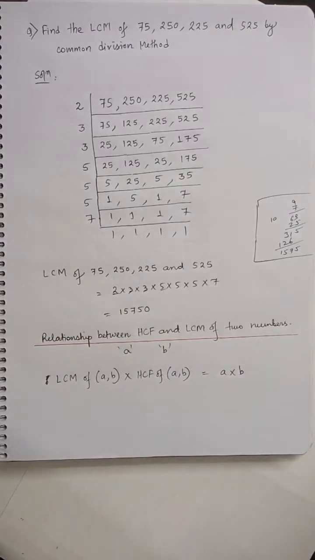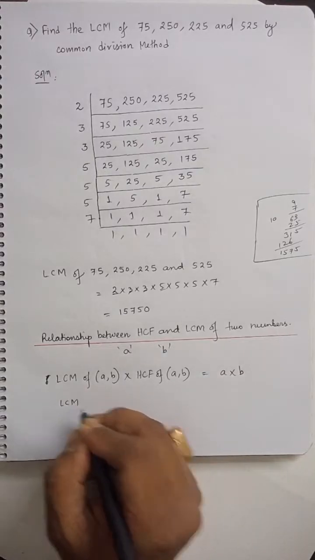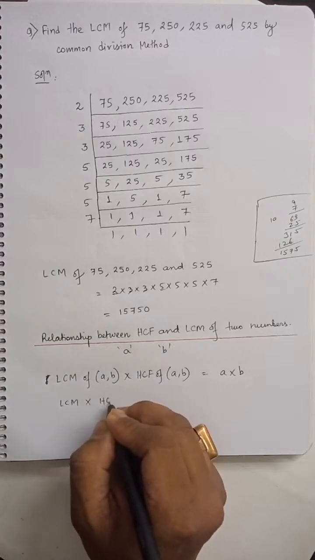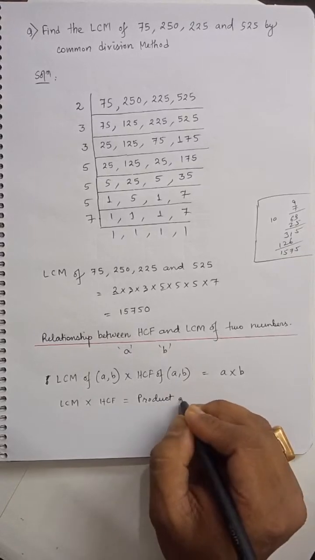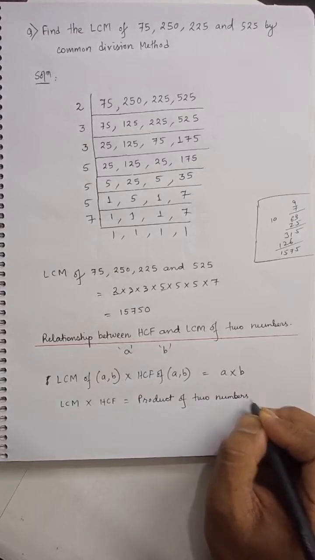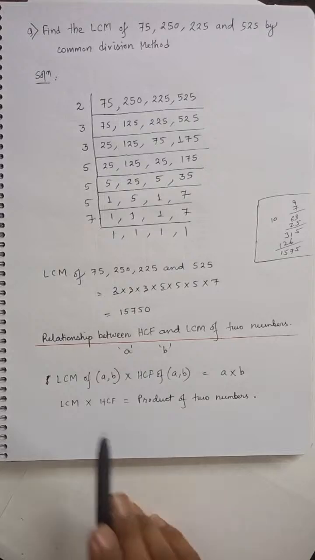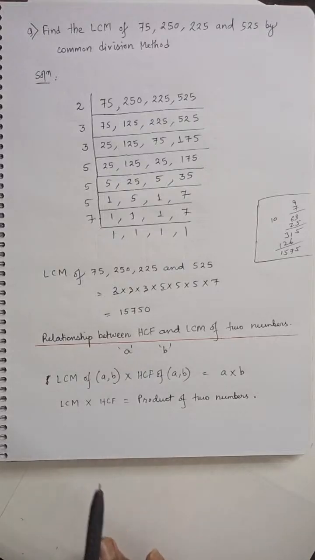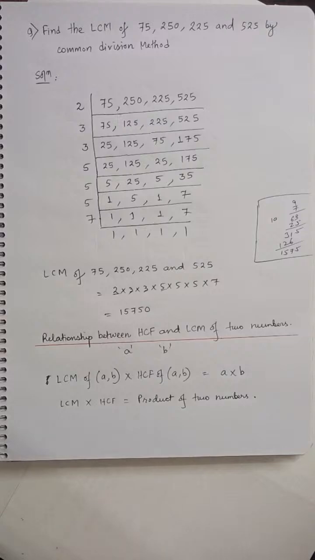Okay, so if I am to write this in a statement form, I will write LCM into HCF equal to product of two numbers. So this is the relationship. When we are given two numbers, the HCF of those numbers multiplied by the LCM of the two numbers is equal to the product of those numbers. So this is a very important relationship.